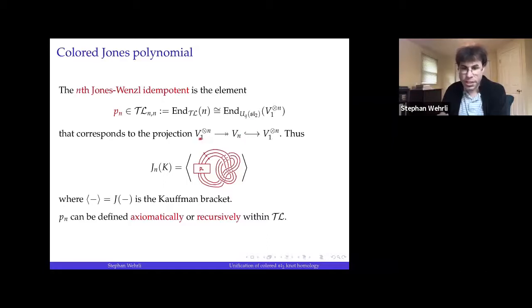The trace class of this endomorphism is the same as the trace class of the identity morphism of V_n. So to get the colored Jones polynomial, you can just take the n-cable of your knot and plug in the Jones-Wenzl projector. This gives you a combinatorial way of defining the colored Jones polynomial, because the Jones-Wenzl projector can be described entirely within the Temperley-Lieb category without making any direct reference to the representation category.